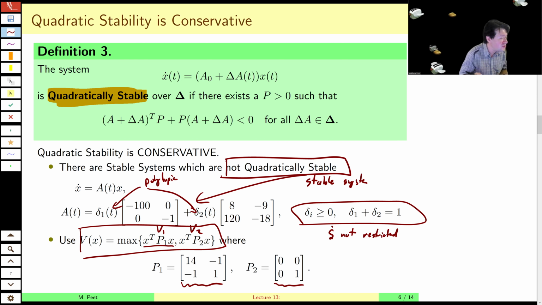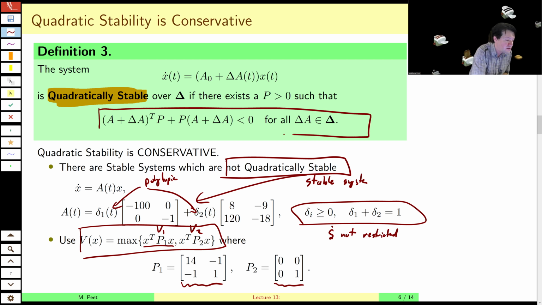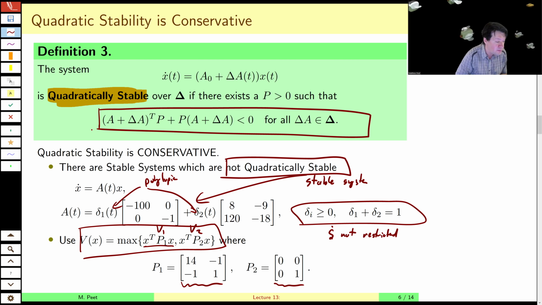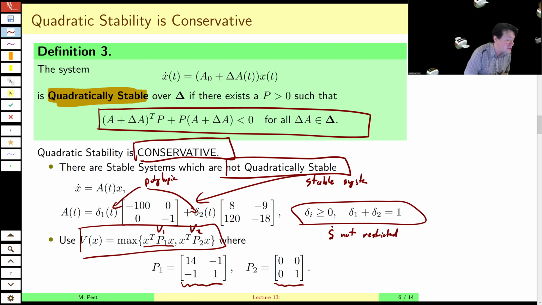So we have two notions, robust stability and quadratic stability. Quadratic stability generally implies robust stability. Robust stability does not generally imply stability. Quadratic stability generally does imply stability, but it is conservative in that there are systems which are stable but not quadratically stable, even in the limiting case of polytopic uncertainty, which we consider here.